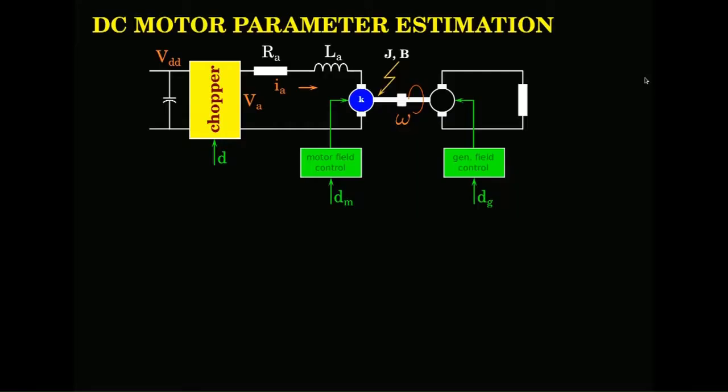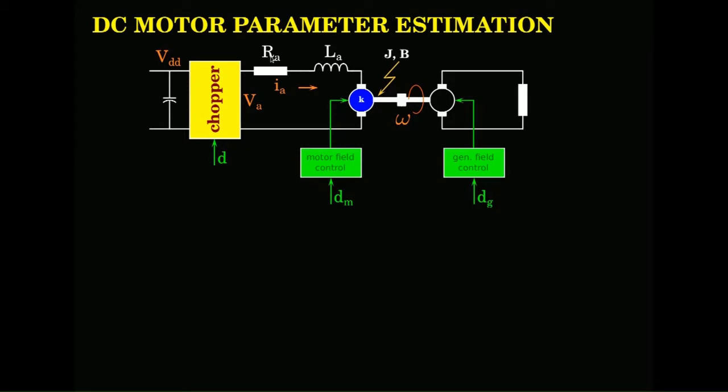So, now what we will do is take a look at our DC motor plant. I said last time that we will see how we go about determining the various parameters of the plant. So, what are the parameters that we need to determine? Go back and look at the state equation.